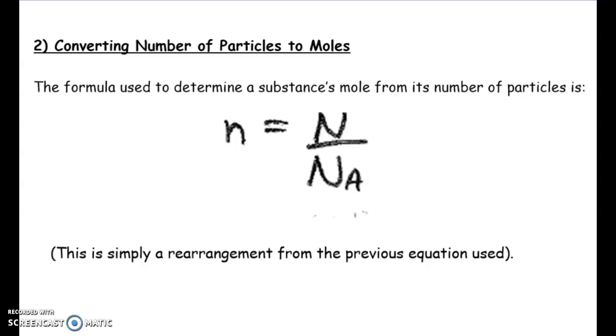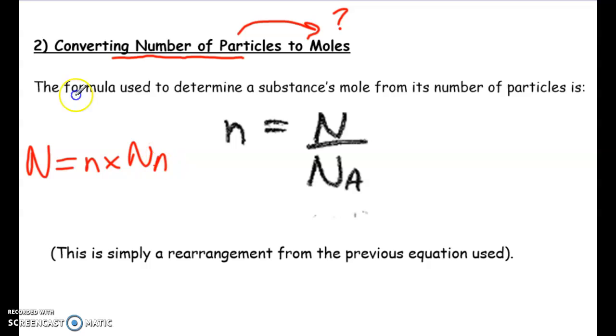Okay, so the second scenario that we are looking at here is, what if we had the opposite? We have the number of particles and we want the number of moles. Well, really all we're doing is rearranging that former formula. Before we had N is equal to n times Na.